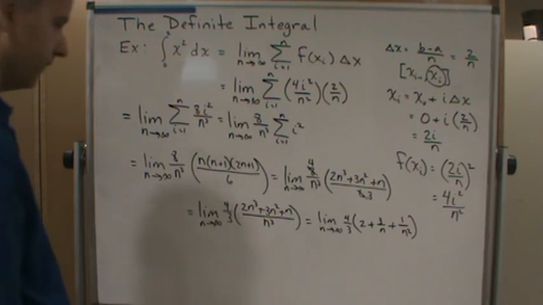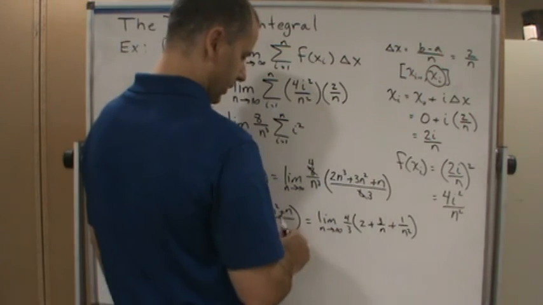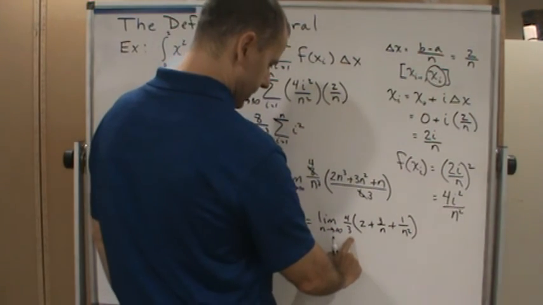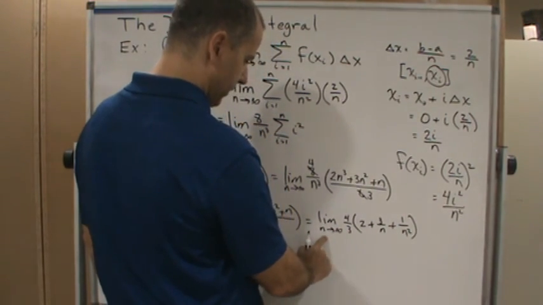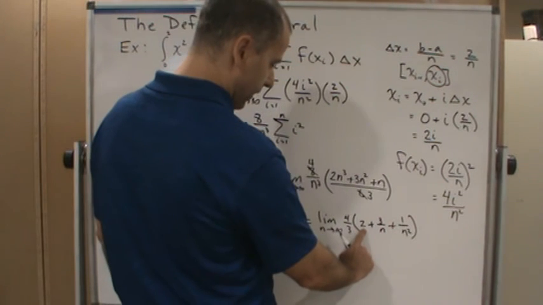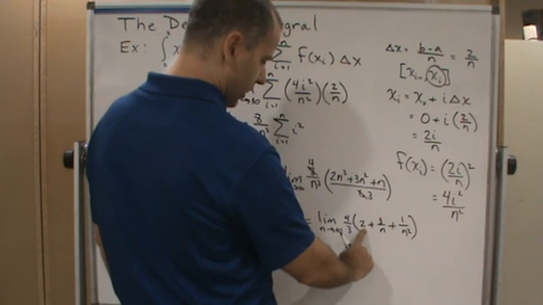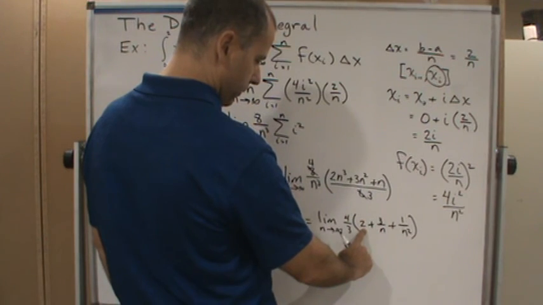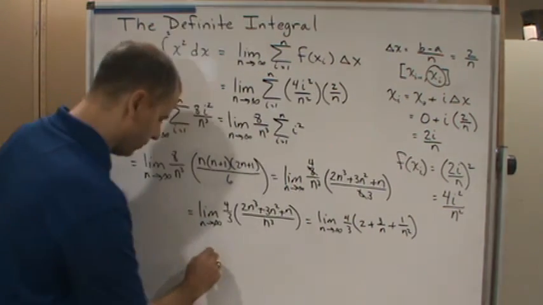Now, look what happens. This is a constant, it doesn't depend on n, so we can pull that out. So we can use all of the limit laws that we learned. This is going to be a constant, so that's going to stay the same. Right? So let's just go one more step.